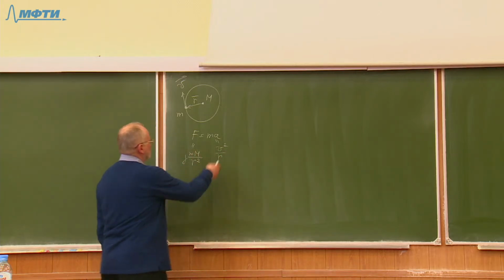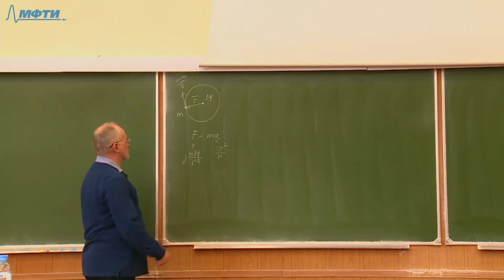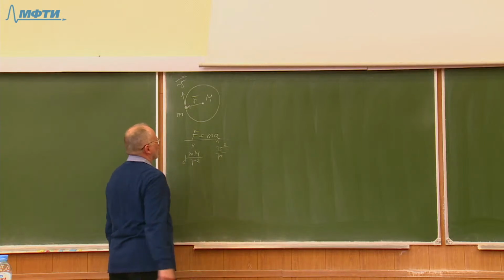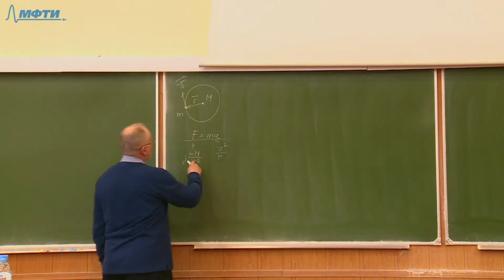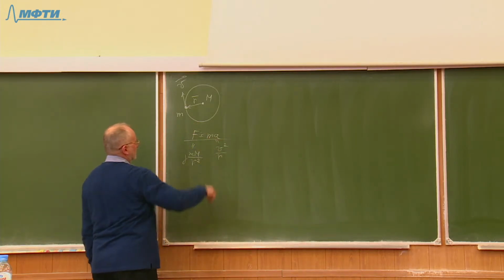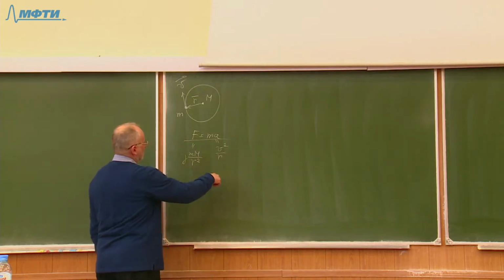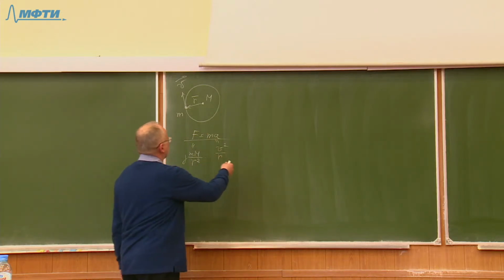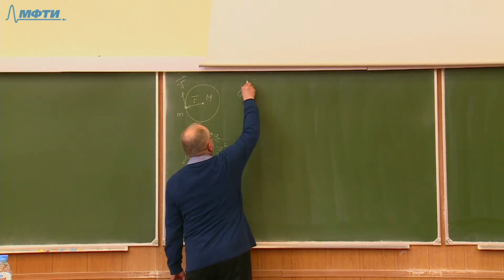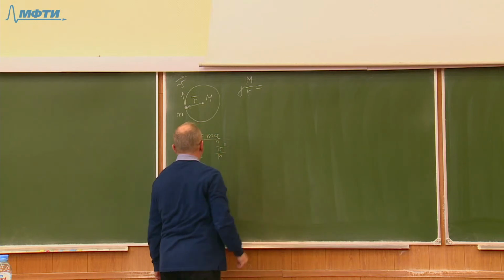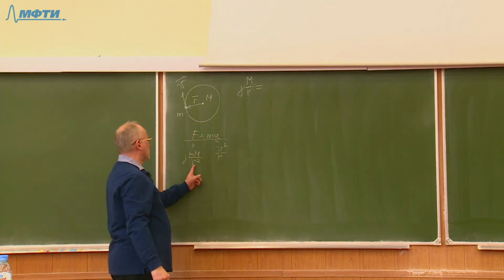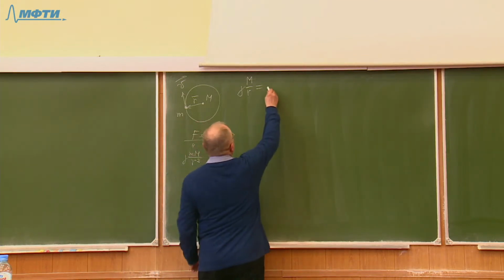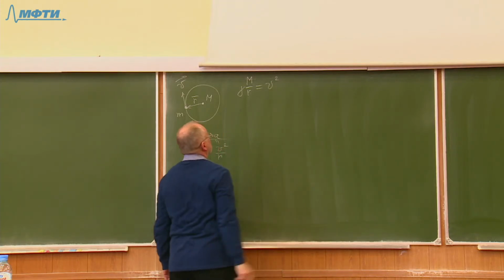Substituting this expression into Newton's second law, we note that the mass of the planet will cancel, and one radius of the orbit will also cancel. What we obtain is gamma capital M over r, which equals velocity squared.